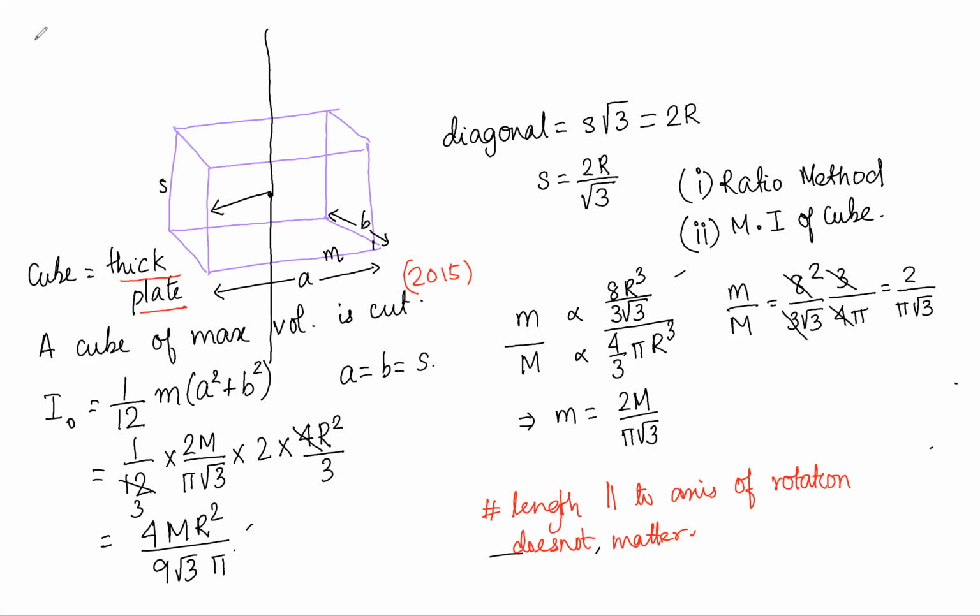So that's it. Okay. Another question. Say that you have a square. This question has come up once or twice in JEE, actually twice. So there is a square, and in the square we take a few different axes.